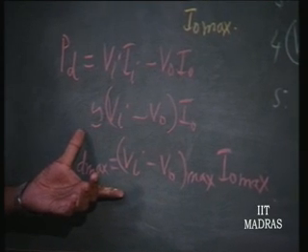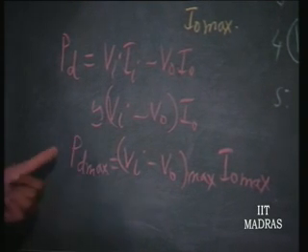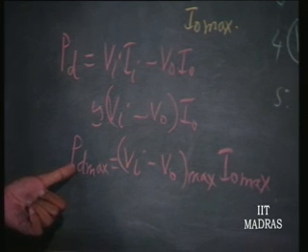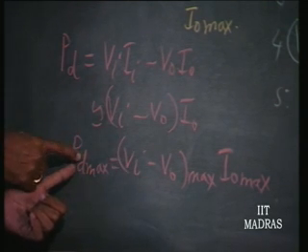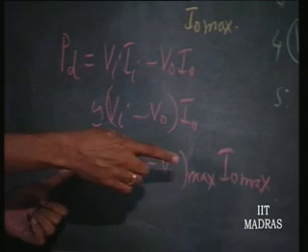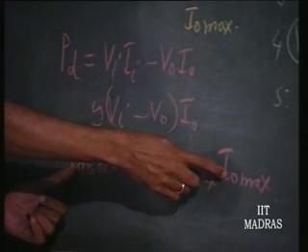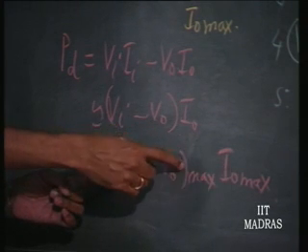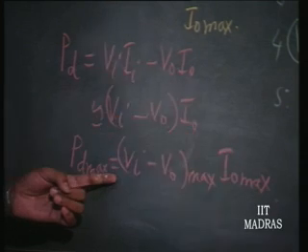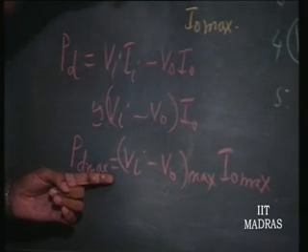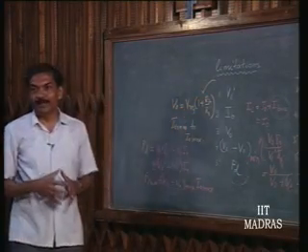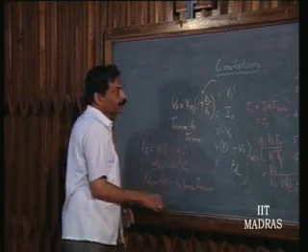Is this clear? So, given PD max for the IC, the manufacturer will tell you this IC is capable of dissipating only this much power. Then given PD max, and knowing I naught max, you are able to find out Vi minus V naught maximum that you can have. If V naught is already fixed as equal to V reference into 1 plus R2 over R1, then this will give you a limitation on Vi max.